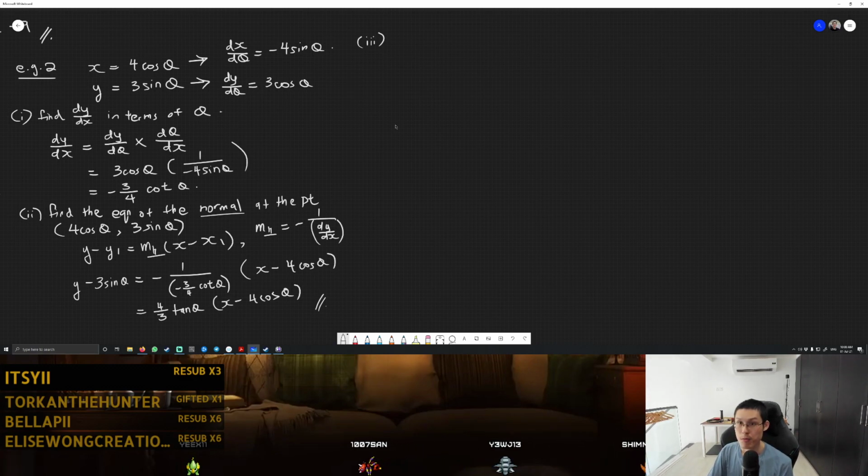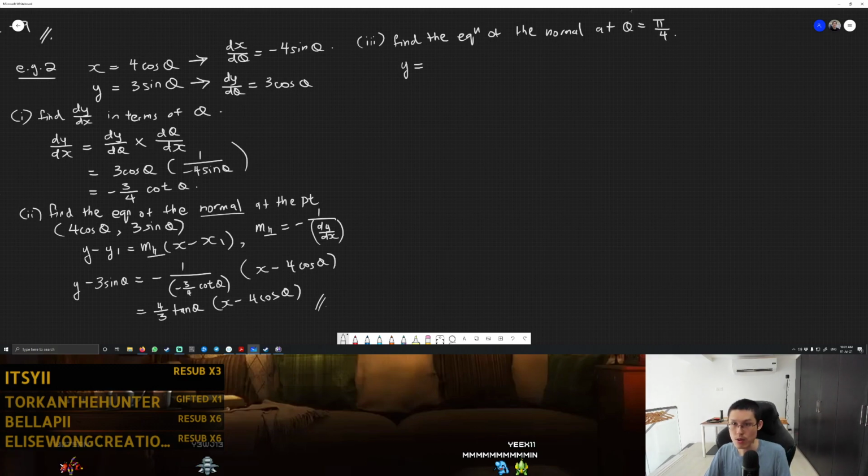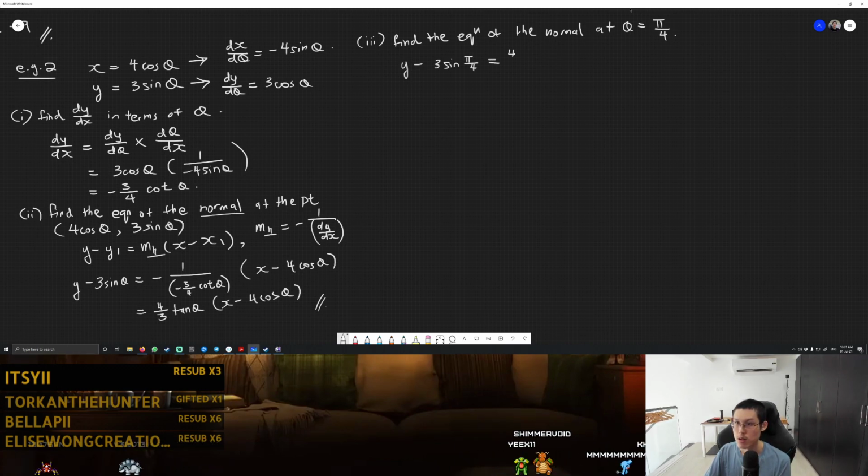Okay, so part 3, find the equation of the normal at theta equals pi over 4. Okay, so what do we do here? We just have to substitute this into our equation from earlier. So 3 sine pi over 4 equals 4 over 3 tangent pi over 4 bracket x minus 4 cos pi over 4.